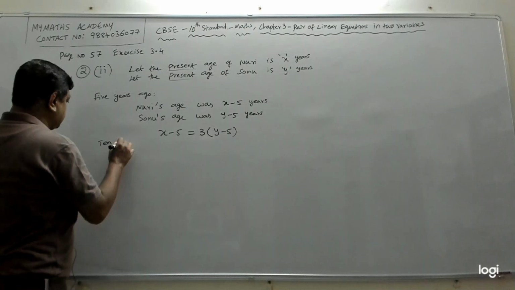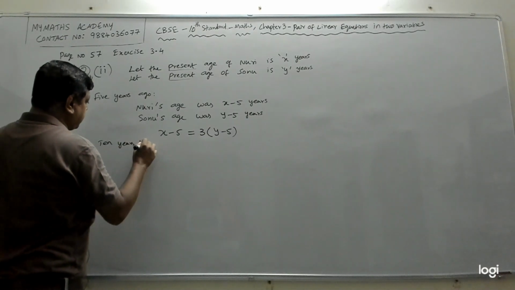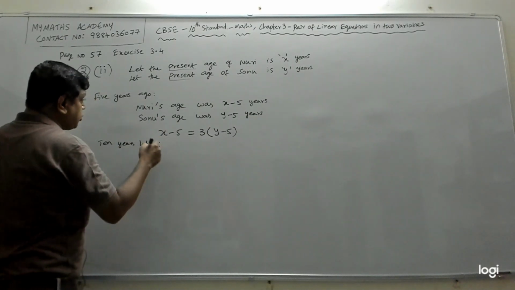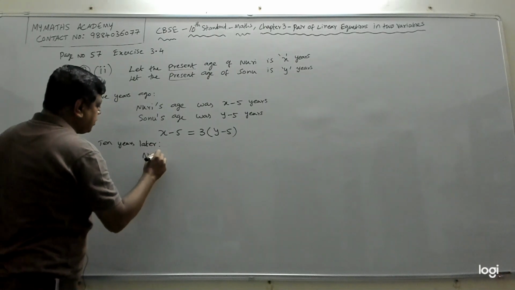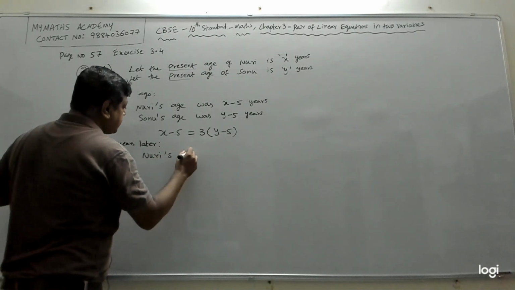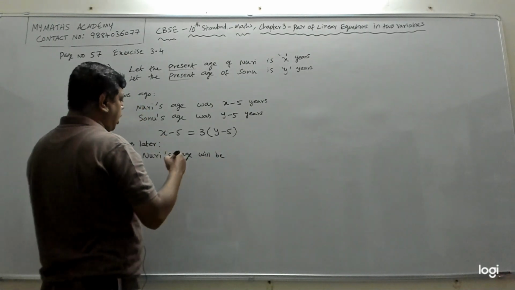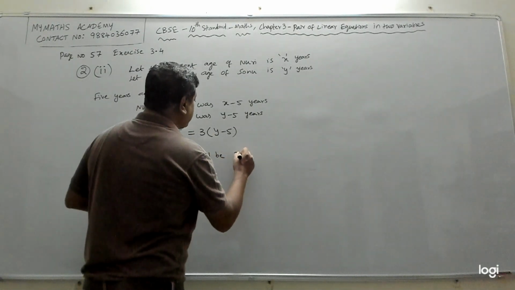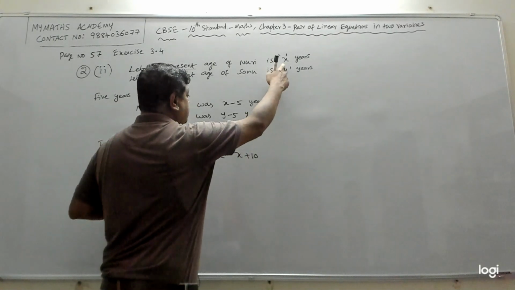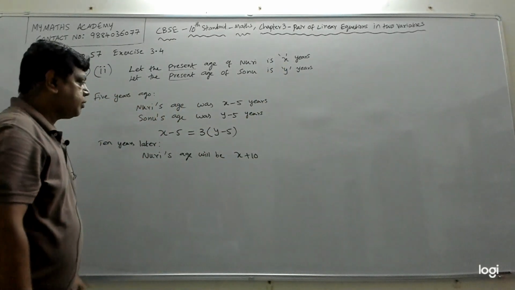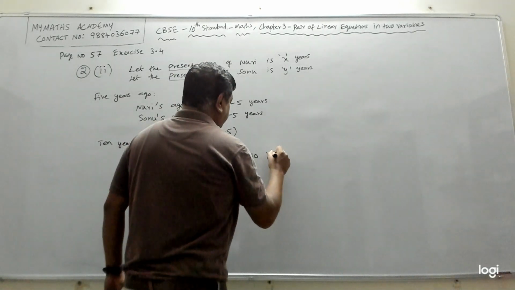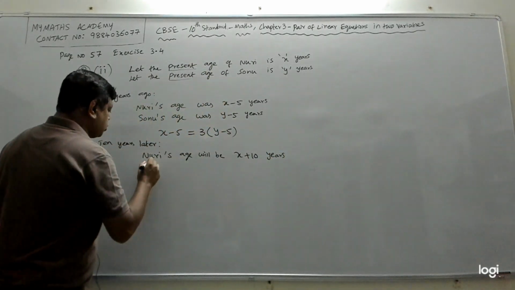Then we immediately write Noori's age after 10 years. How old will Noori be? x plus 10, because currently she is x. How about Sonu?